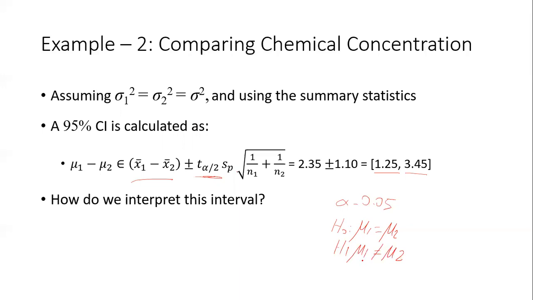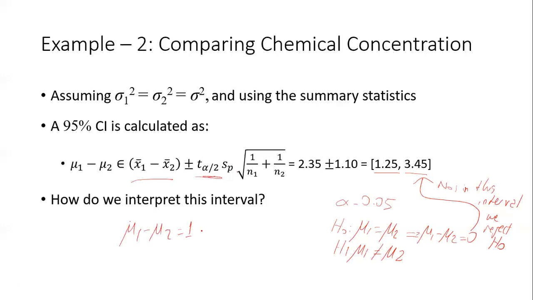Well, what is the answer? This means mu1 minus mu2 is equal to 0, and 0 is not in this interval. Hence, we reject this hypothesis. Or if I ask you whether the difference is equal to 1, so mu1 minus mu2 equals 1, again you will reject this because it's not in the confidence interval.